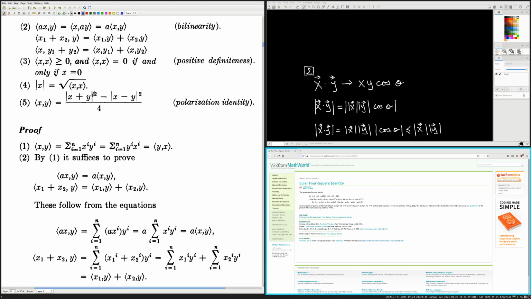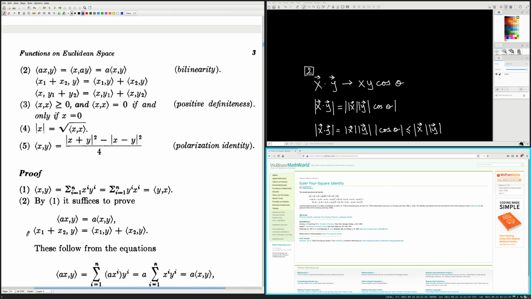Quadratics of x minus y, you write that out algebraically. Probably the x squareds will cancel, the y squareds will cancel, I bet. And then you get a sum of 4 times the dot product, and that's why you divide by 4. Probably that's what happens.